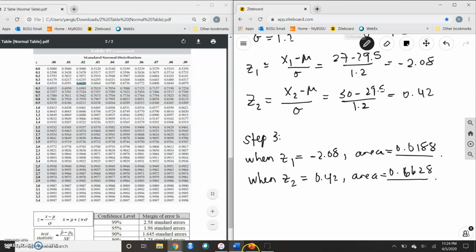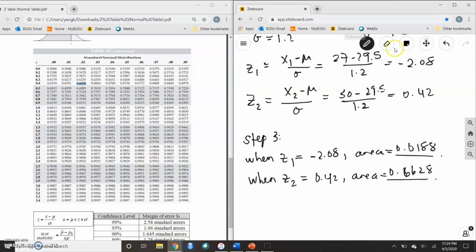Okay, so that's not our final answer. We need to do something with the area. We can't just answer the question with two areas. Let me call this area 1 and area 2.